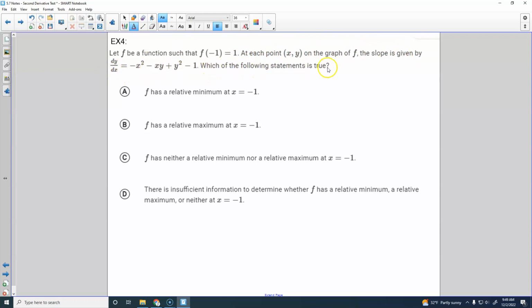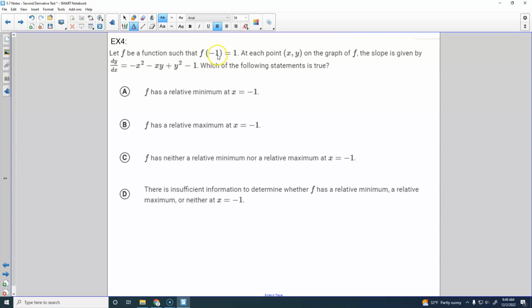Which of the following statements is true? Okay, so you cannot do a sign line when you have implicitly defined functions, right? Because there's an x and a y. So we can't just look at the x coordinates because we also have to consider the y coordinates as well.